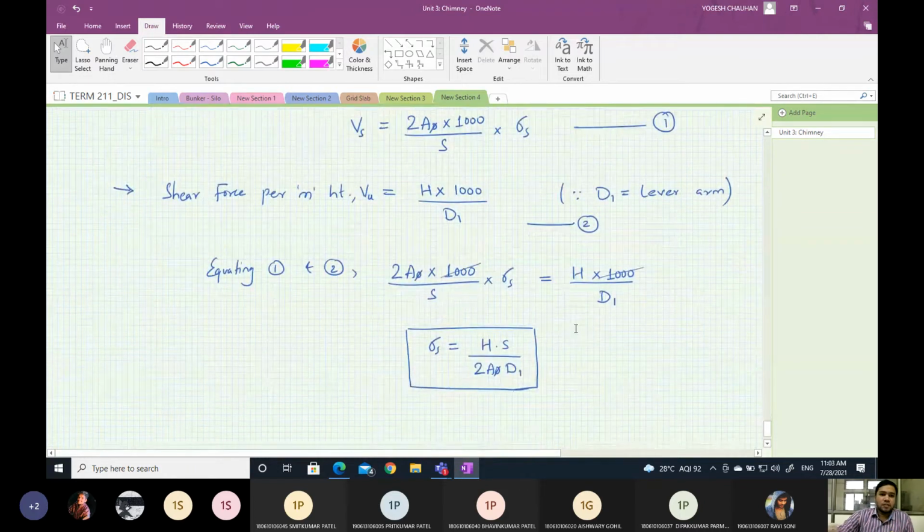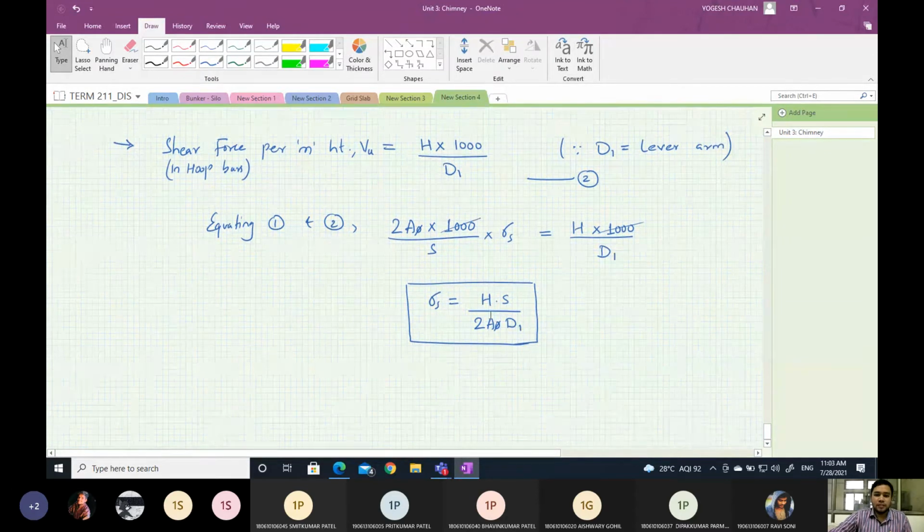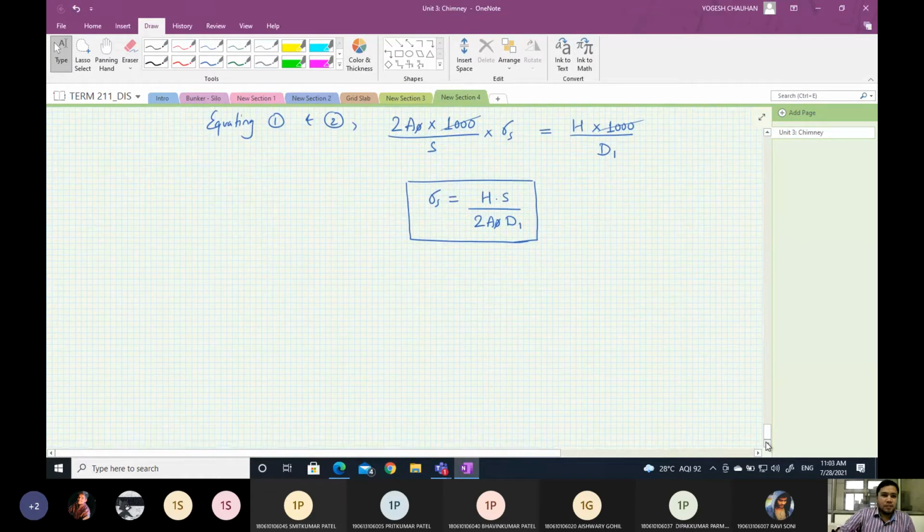So this is the shear force per meter length in the hook bars. And equating 1 and 2, you will get the stress equals H times S by 2 times A5 by D1.